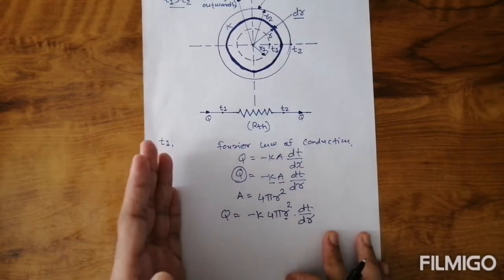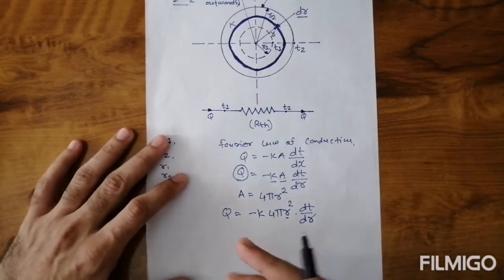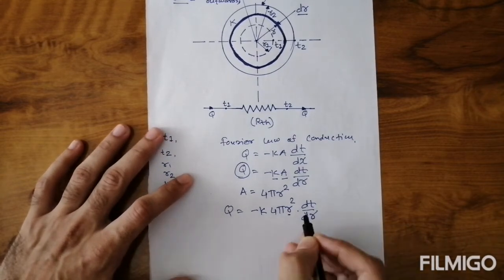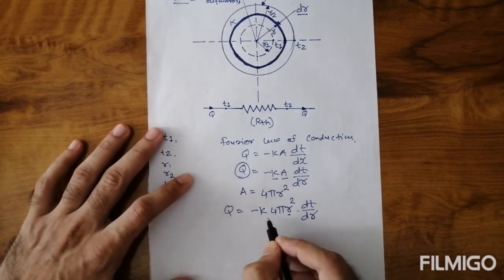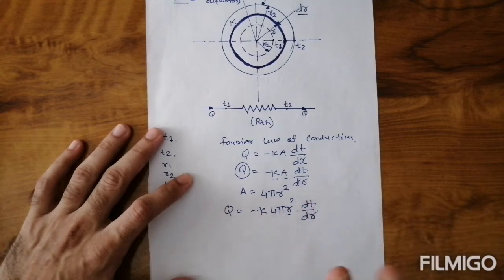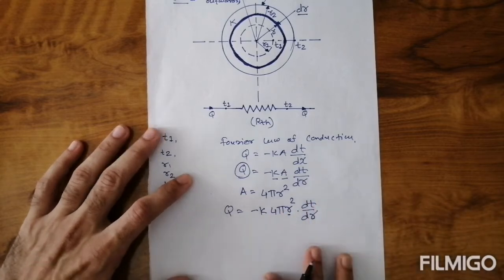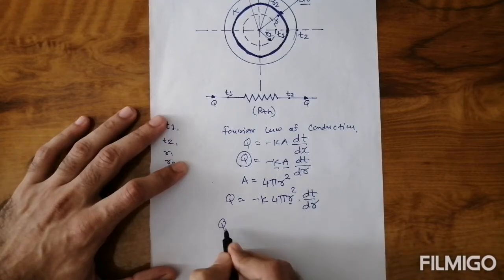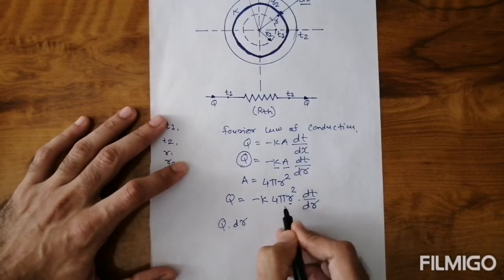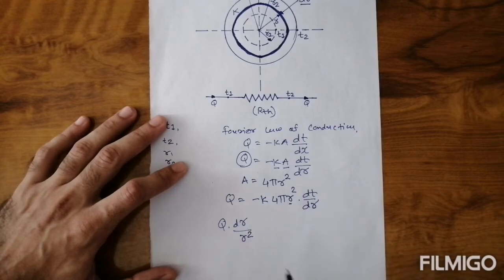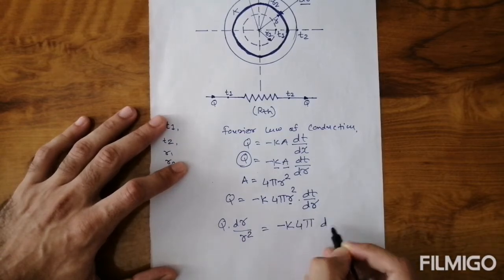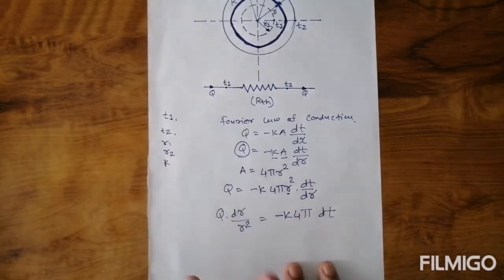The dr term and the radius will be on this side, then the remaining constant terms as they are, and dt on the other side. So after rearranging, what will be our equation now? Q dr over r square is equal to minus k 4 pi into dt. That is the rearranging of the equation.